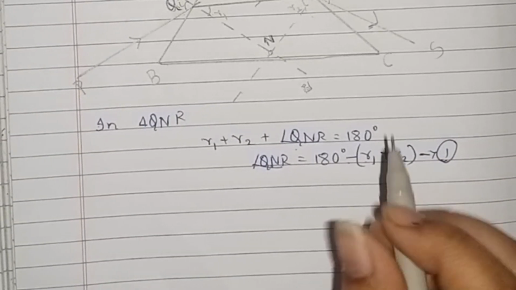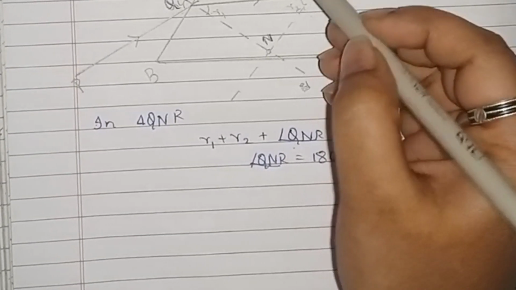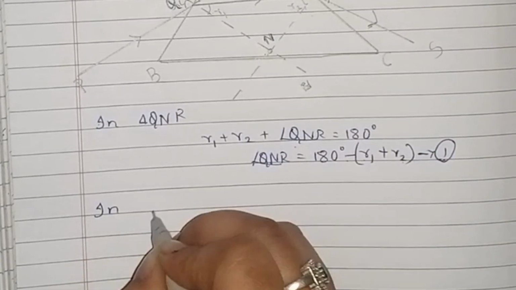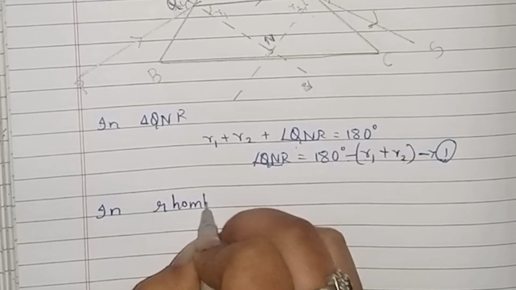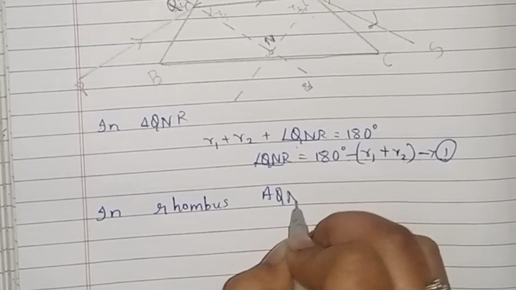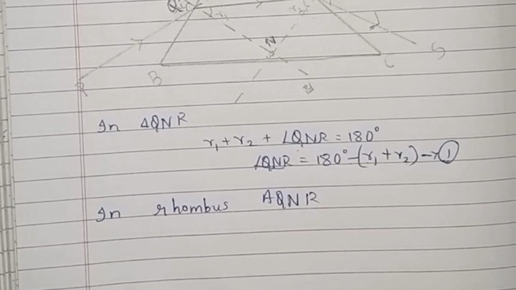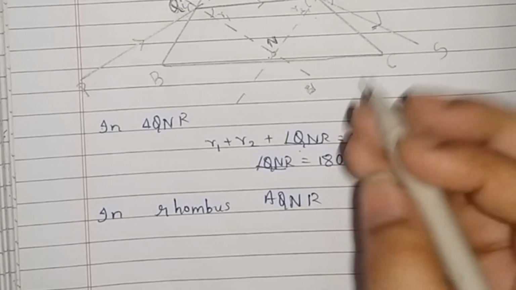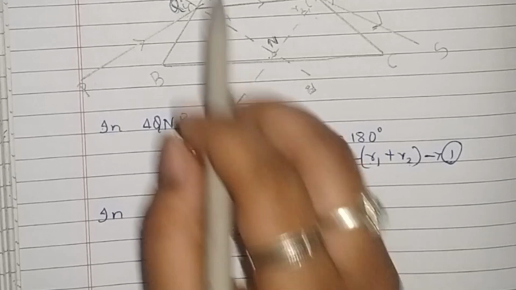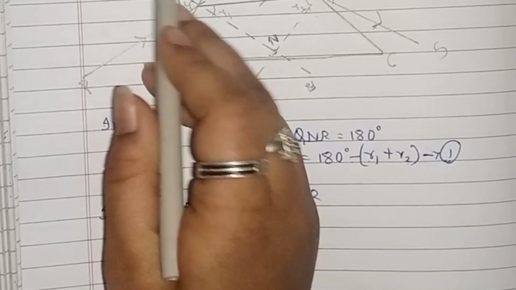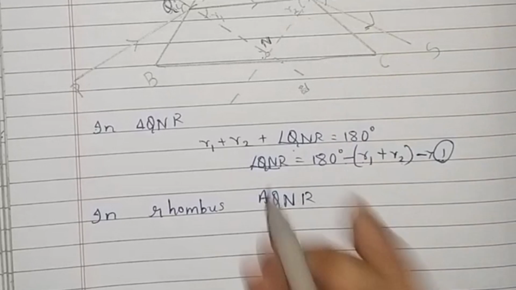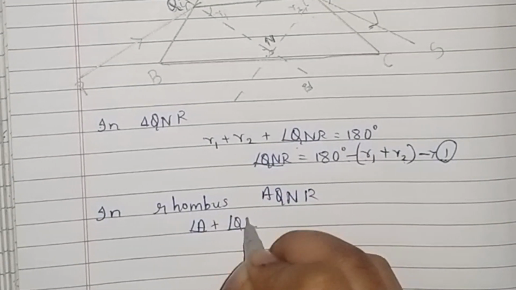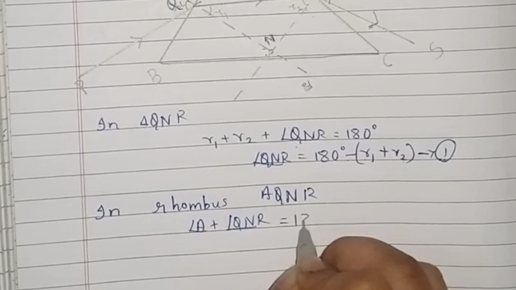And then we can see a quadrilateral here, AQNR. In this quadrilateral AQNR, we know the sum of the opposite angles is 180 degrees. By applying that, we need to get the expression in the form of the angle of prism. So we'll take A and N. So angle A plus angle N, or QNR, is equal to 180 degrees.